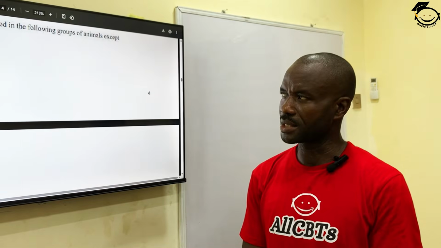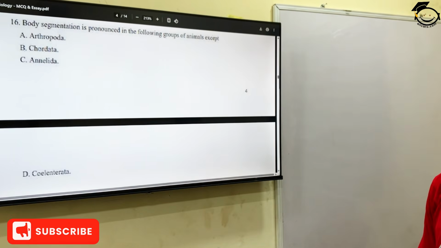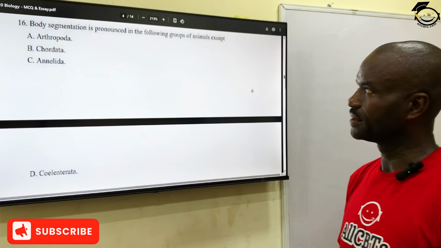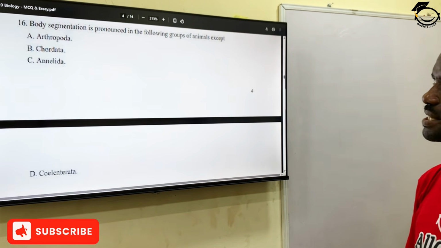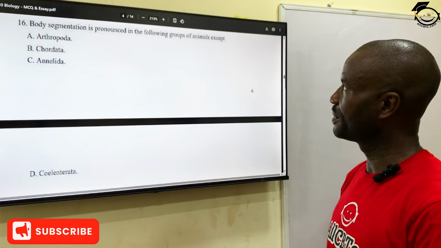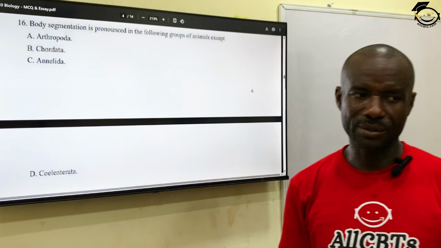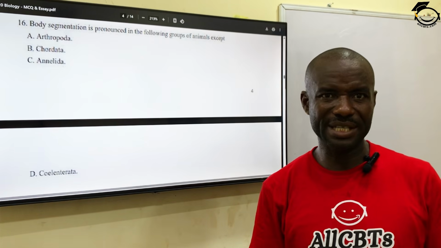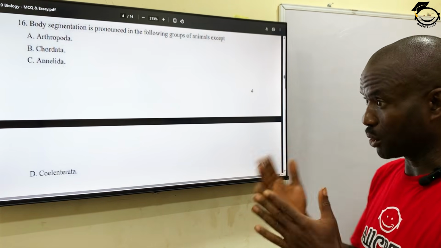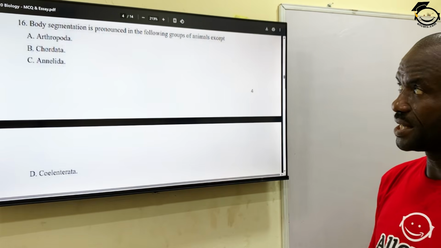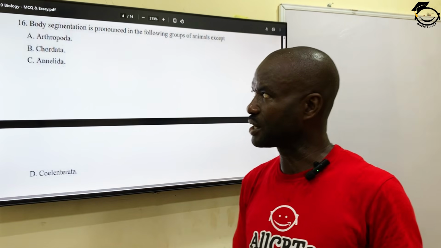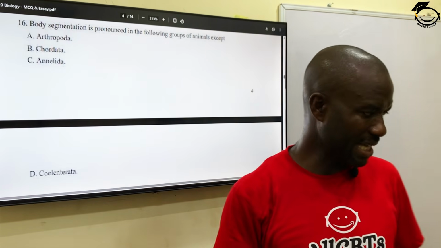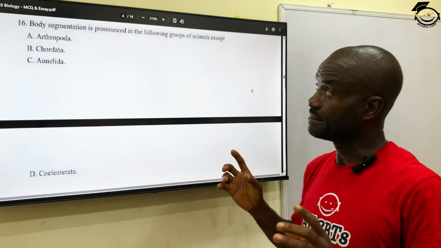All right. Question 16 says, the body segmentation is pronounced in the following group of animals. You know, when we hear segmentation, it has to do with the body of an organism divided into portions. So, for instance, we have arthropods. Arthropods are insects which have three body segments.